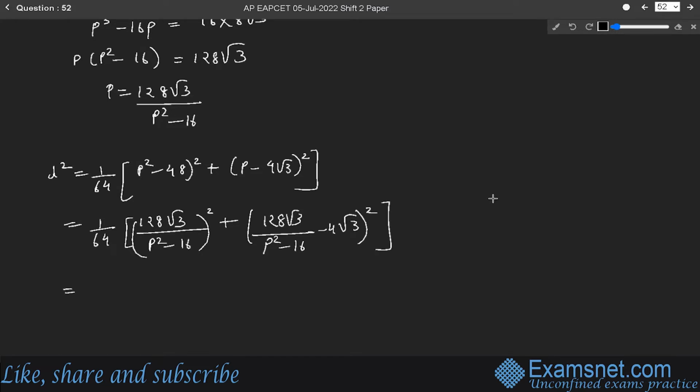On further solving, it will be equal to 1/64 into 4096. On cancelling it, it will be 32 and this will be 2048. Again, it will be 16.